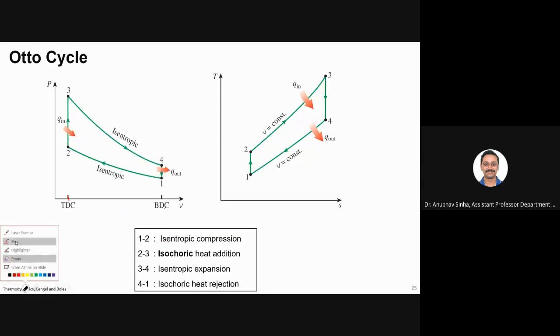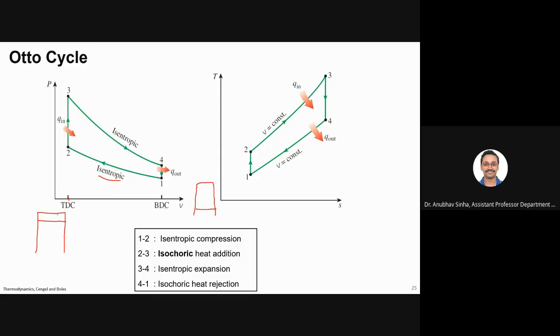So the first step, at 1, the piston is at bottom dead center, like this. Second step, it is a compression step, so it goes up, it is at the top dead center. And we assume that this process is isentropic compression.